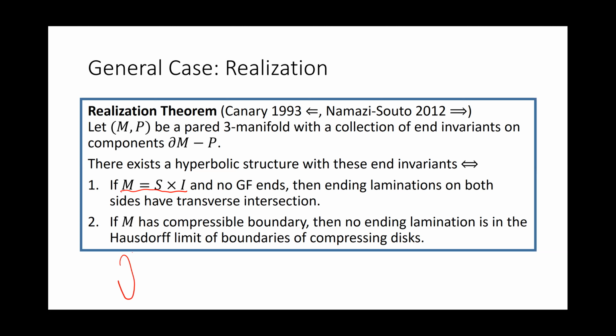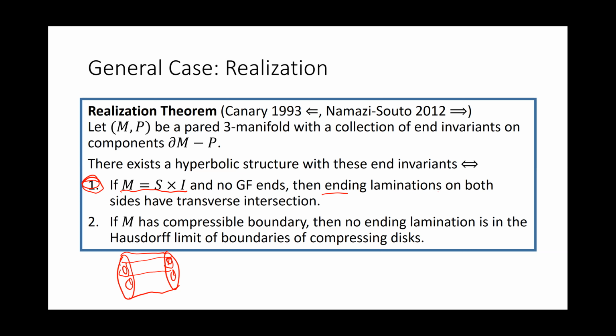If M is this surface crossing interval, one of these running examples we've been looking at, then recall we were not able to have essential annuli in there that run from one boundary to the other. What statement number one says is you can't have the limits of those essential annuli either.